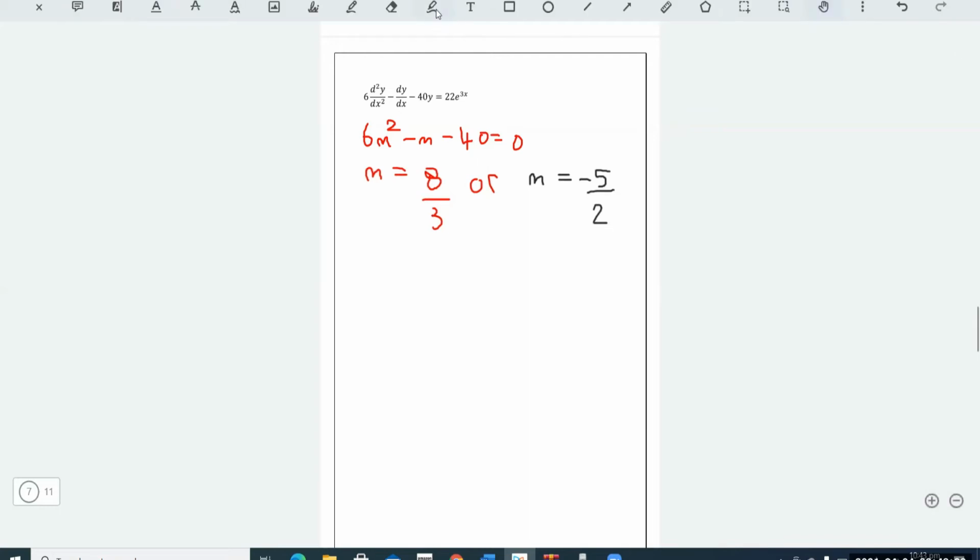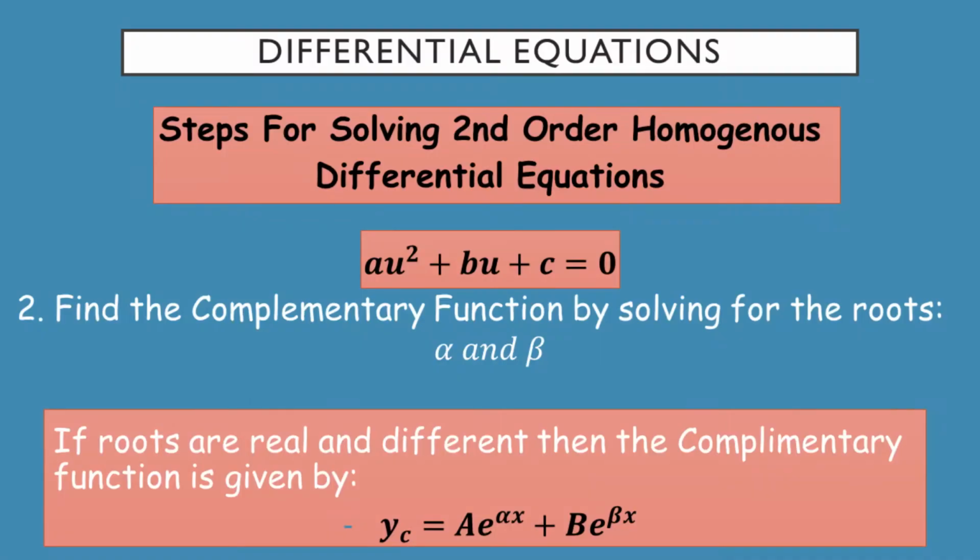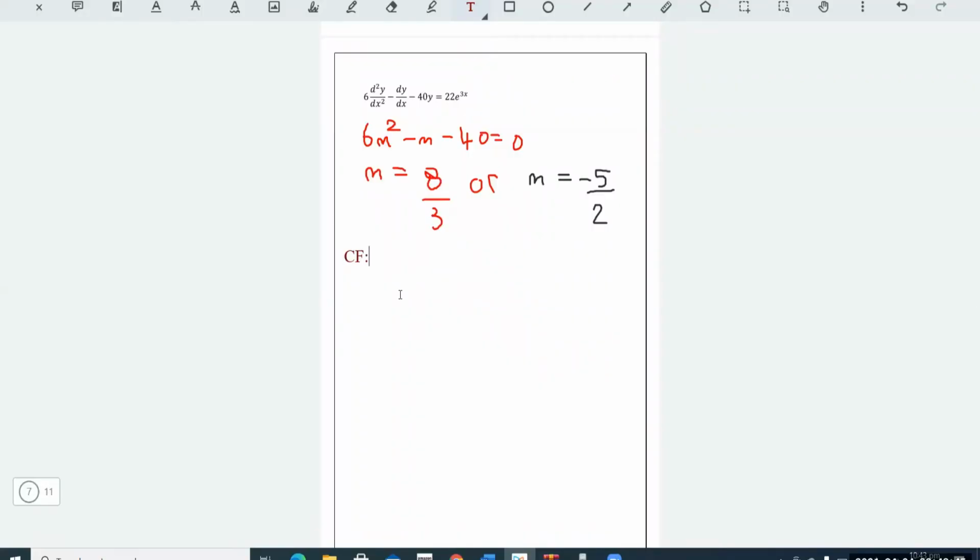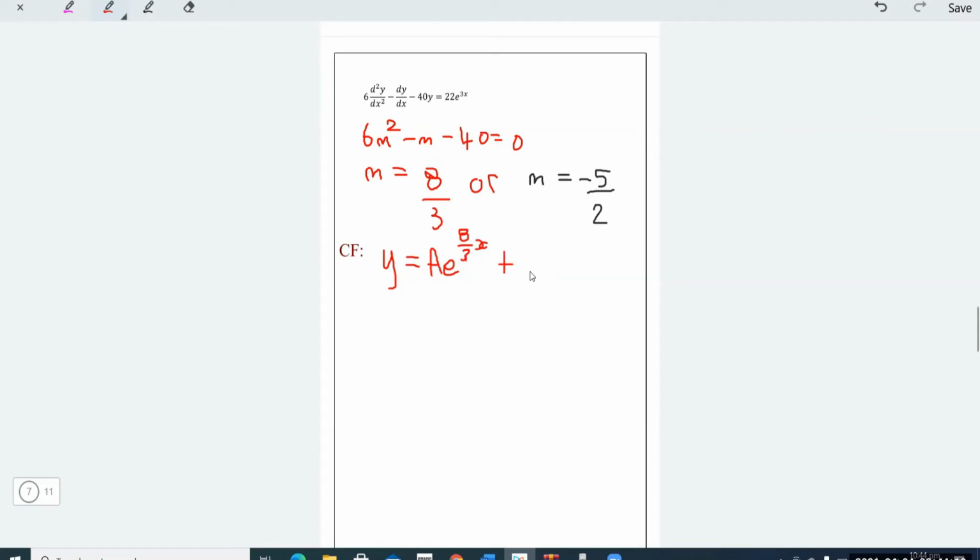So now we're going to write down our complementary function. Our complementary function is y equals some constant a times e to the 8 over 3 times x, plus another constant b times e to the minus 5 over 2 times x.